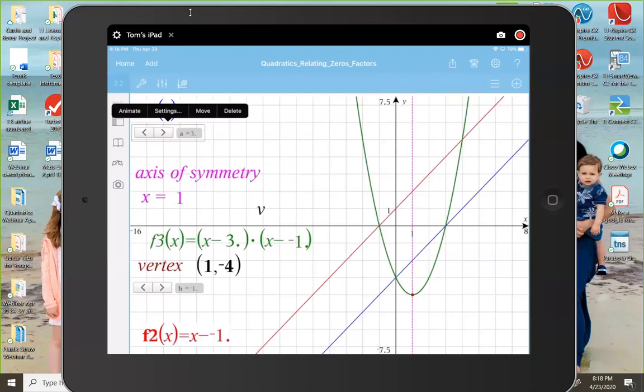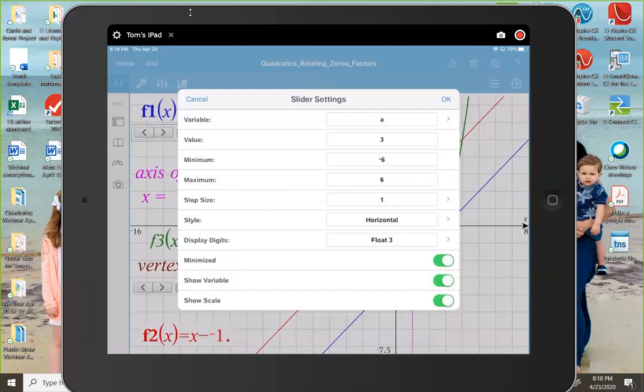Move, no. Animate, no. No, but I think slider settings will let you change it to be minimized or. Yeah, but I wanted to change it so that I can show the variable value. Oh, here it is. Show variable. There it is.